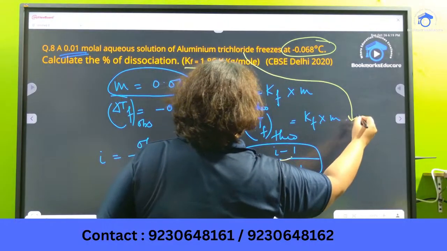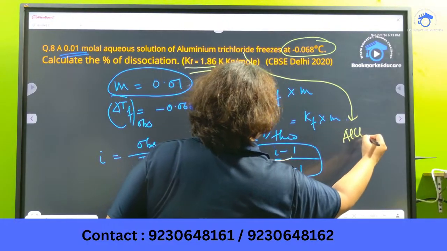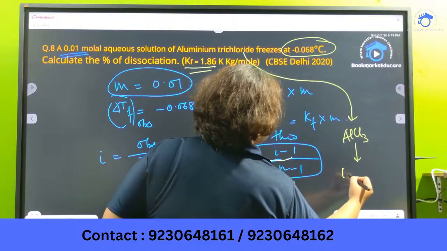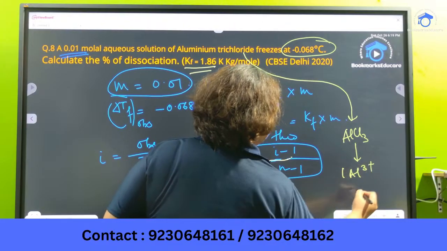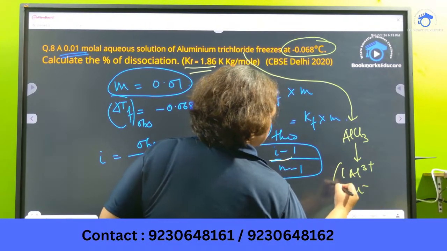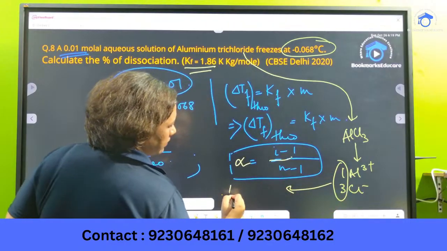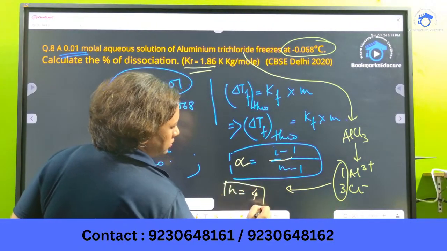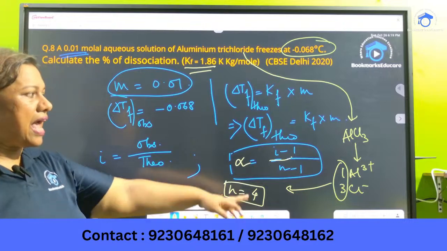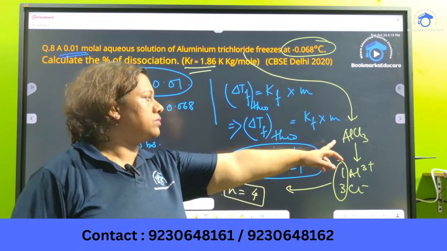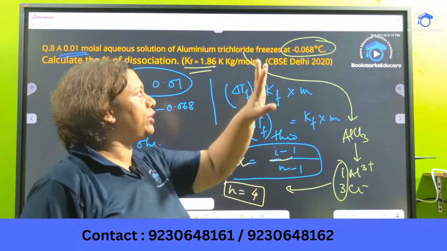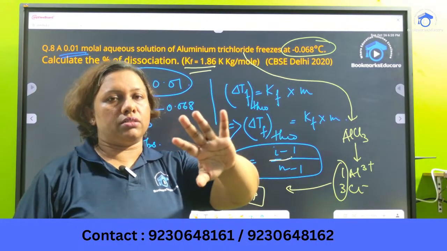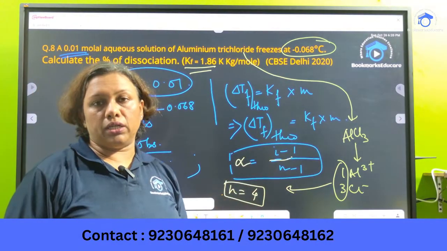This is very important. Aluminium trichloride. That means one aluminium 3 plus ion and three Cl minus. That means n is equal to 4. Aluminium trichloride: one aluminium, three chlorine. That means one molecule dissociates into 4 ions, so you will get 4 particles.